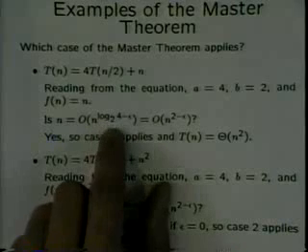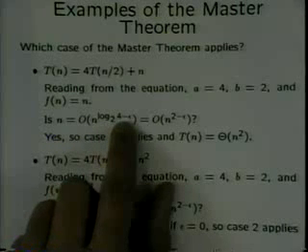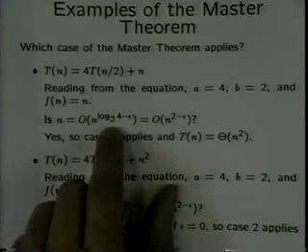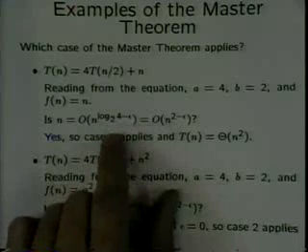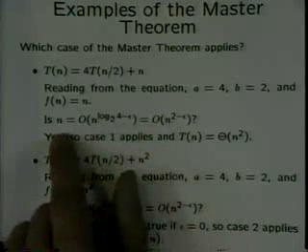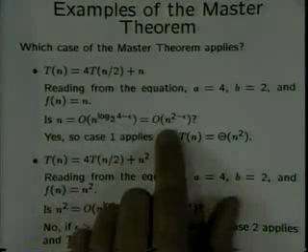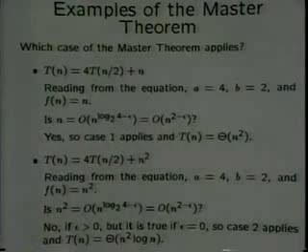Well, what is the log base b of a? What is the value you have to raise 2 to in order to get 4? 2 to the 2 is 4, right? So what we really want to know is whether n is in big O of n to the 2 minus epsilon, for some very, very small but non-zero value of epsilon.